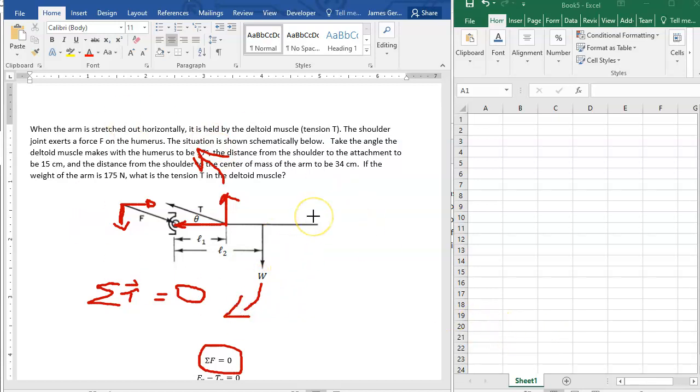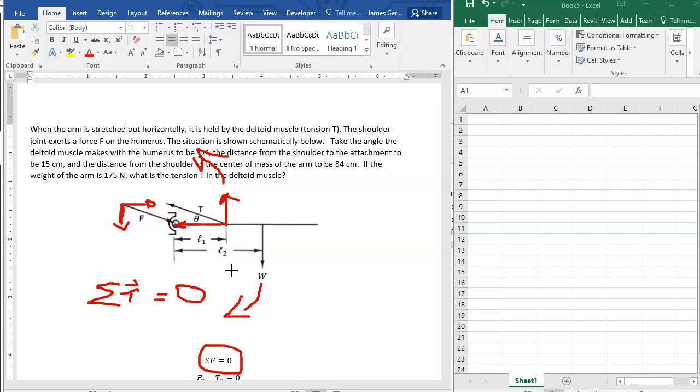So we're going to have our forces balance, we're going to have our torques balance, and you can see right now from the torque equation that T sine theta times L1 is going to be equal to W times L2.